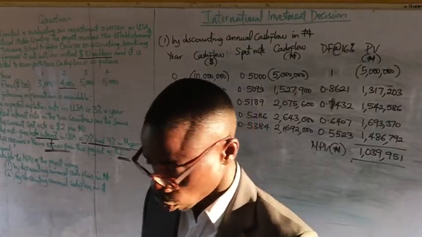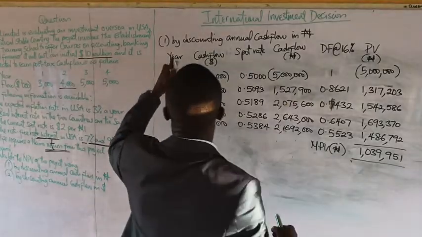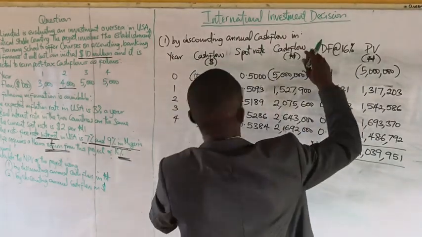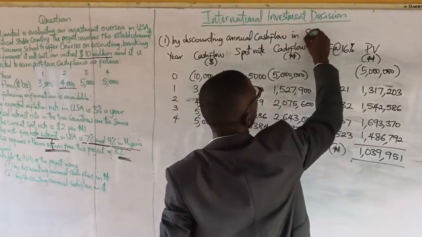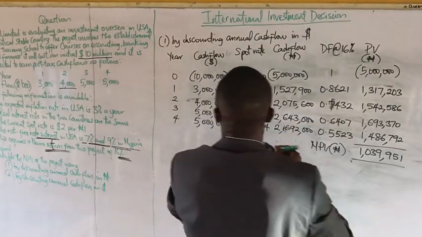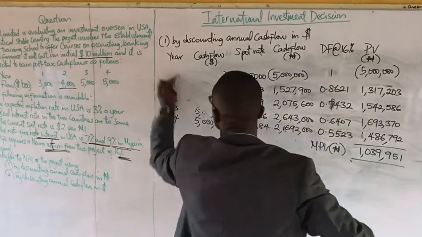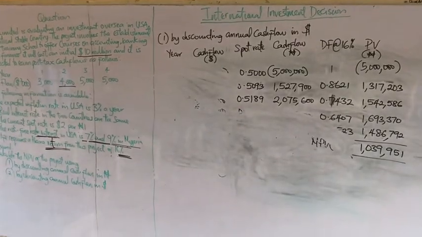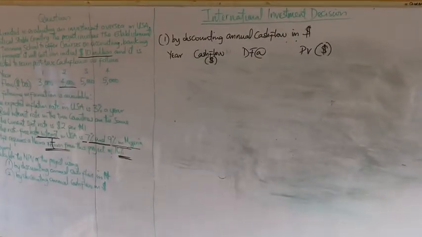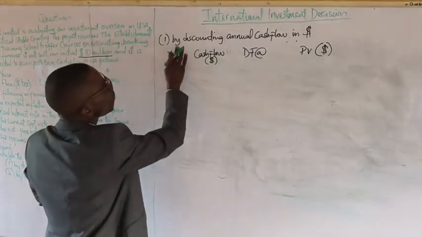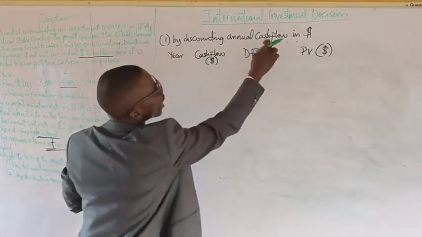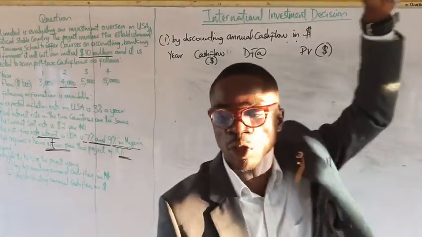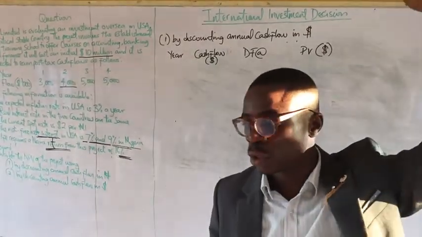So let's do the second method. The second one is discounting using what? In US dollars. I think that one is somewhat straightforward, but there's a problem. But don't let me talk about the problem yet. Let me clean the board. Now, we are solving by discounting the annual cash flow in dollars. That is the first method we mentioned when we solved the past question.